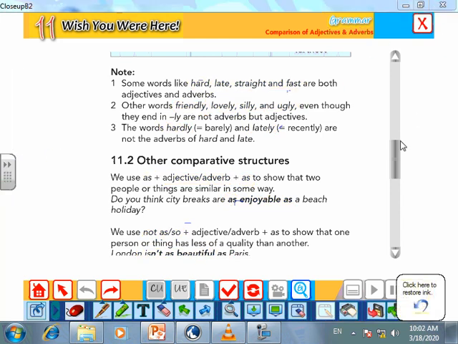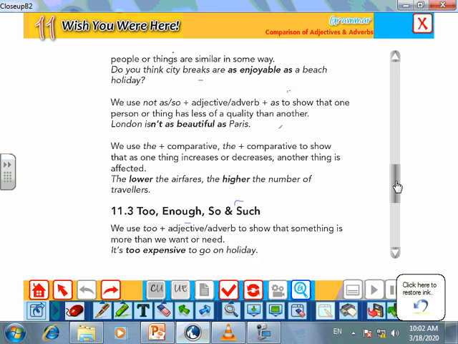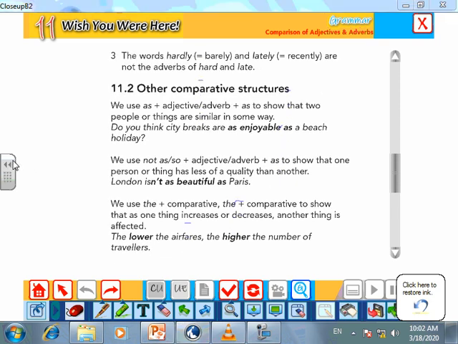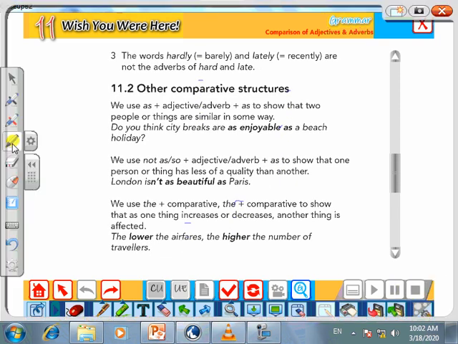Let's move to another part. This part is very, very important. If I want to say that whenever I do something more, another thing becomes more or becomes less, I use it when something increases or decreases and depends on another thing that increases or decreases.